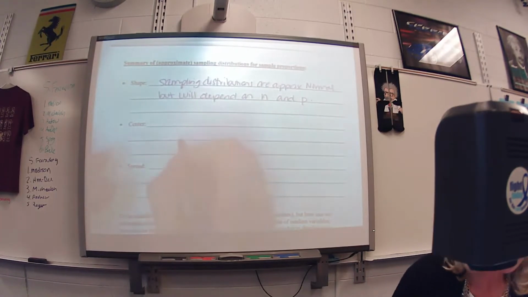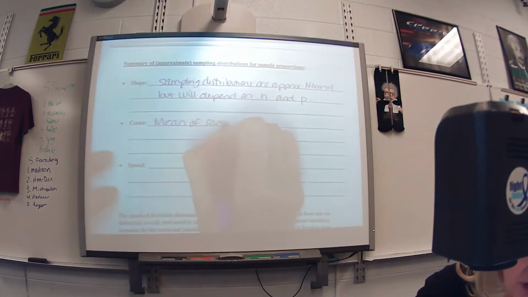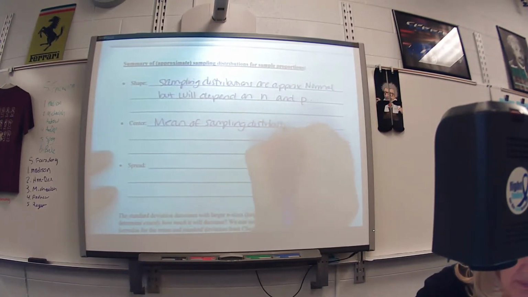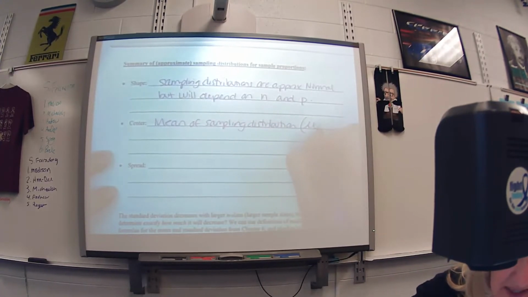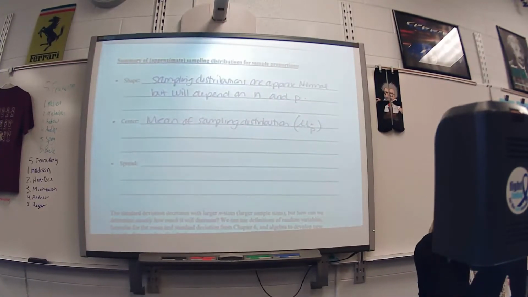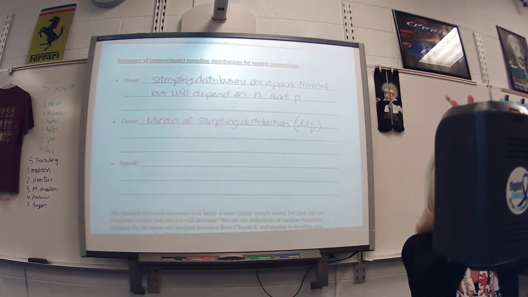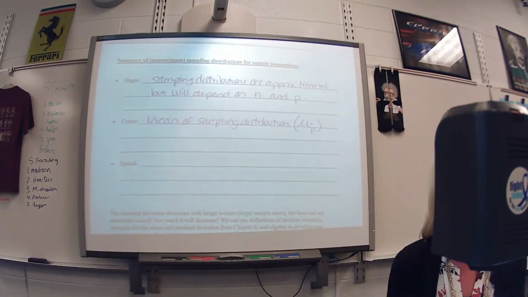Center. The mean of your sampling distribution, which I will call in this case mu sub p-hat. I think yesterday I might have called it x-bar sub p-hat, whatever. The bottom line is we're looking at the mean of all of the p-hats on the same graph.